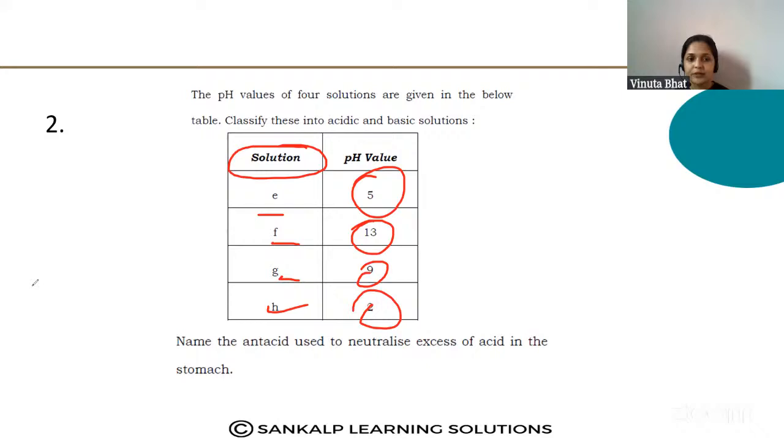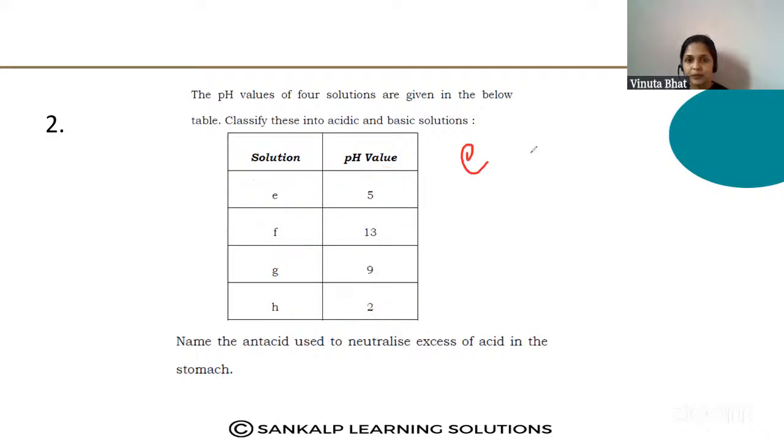You have to classify them as acidic and basic. E, is that acid or base? That is the acidic solution, because it has a pH less than 7. If the pH value is less than 7, then it is an acid. When it is more than 7, that is a base.